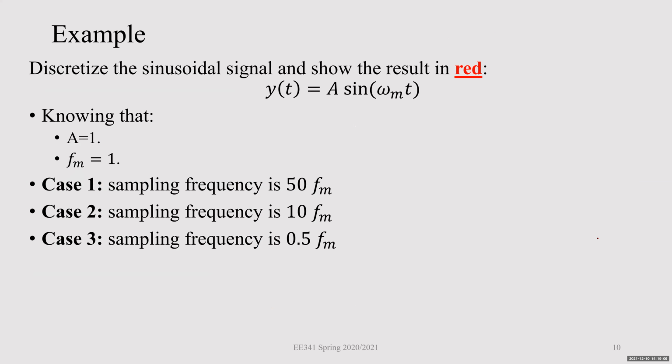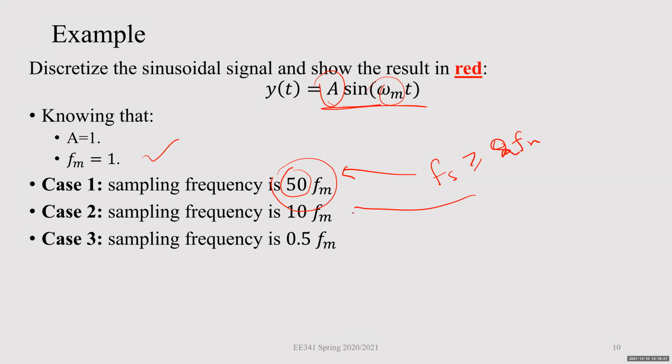Okay. So I have a signal A sine of omega m t. We have to check for, with amplitude equal to 1 and FM equal to 1. So we have to check for 50 into FM, because you know Fs should be greater than or equal to 2 into FM. So 50 FM is good. 10 FM is also good, but this will not be good because the number of samples will be very, very low for the reconstruction.